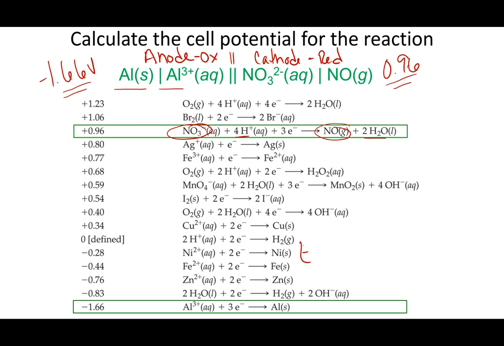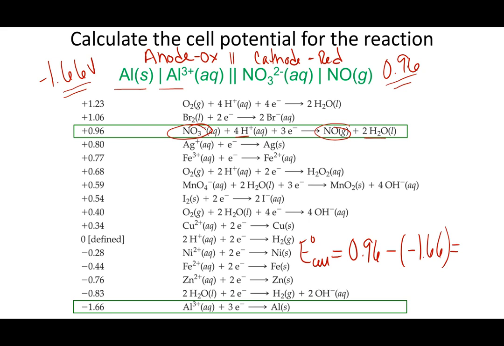So to calculate the cell potential, we're going to take final minus initial, cathode minus anode. Okay. So let me grab my calculator here.